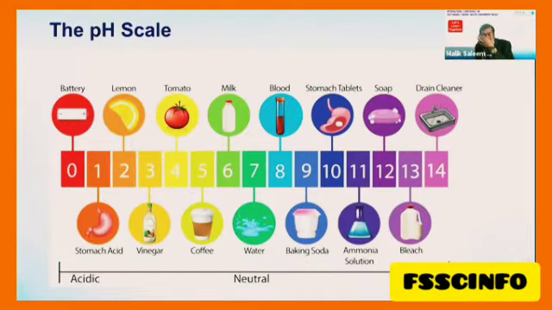Now we will talk about some parameters apart from TDS. We have the pH scale. You can see, I developed a slide for you to understand the pH of various commodities like fruits, vegetables, and blood. Normally the pH of water, 7, is considered neutral, and blood has a pH of 8.